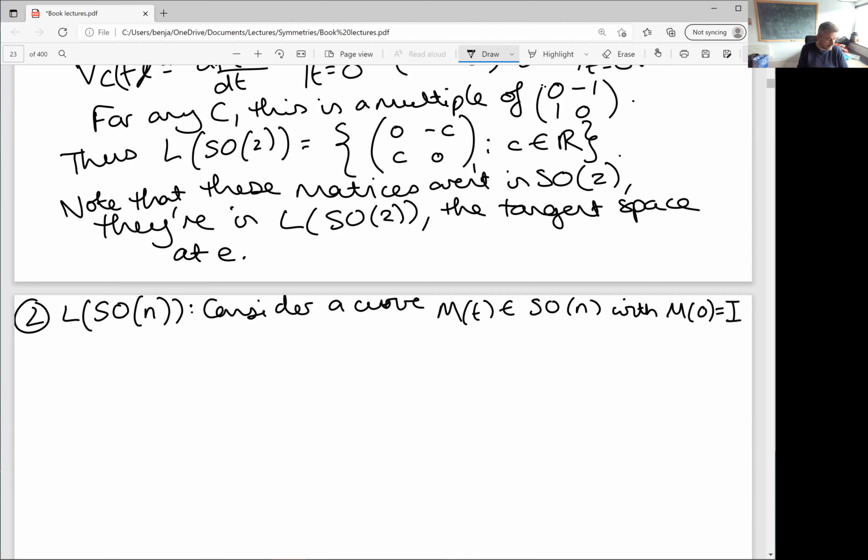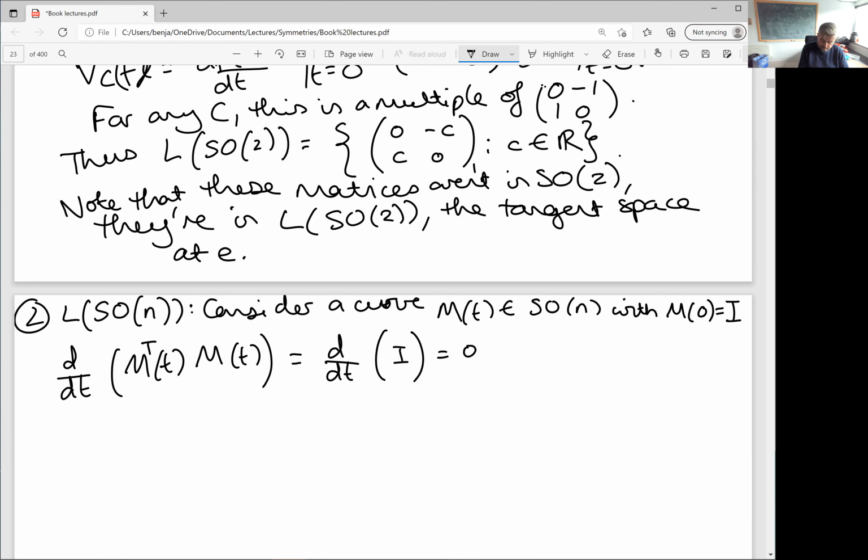But we notice there's a constraint here because if we take the derivative of m transposed of t times m of t, because these are in SON, this is d by dt of the identity matrix, which is a 0 matrix.